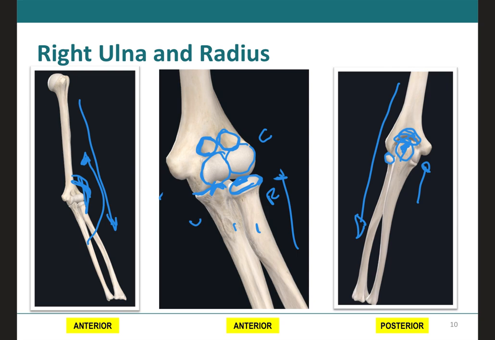So this is the olecranon coming out of the olecranon fossa. When you extend, if you put your hand right at the elbow, you're going to see that it's actually very smooth and straight, meaning that the olecranon process is inside of the olecranon fossa.